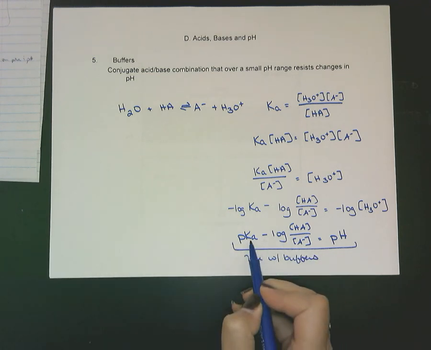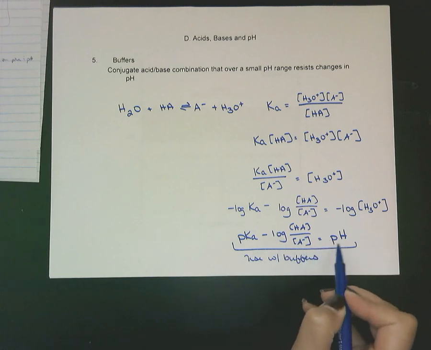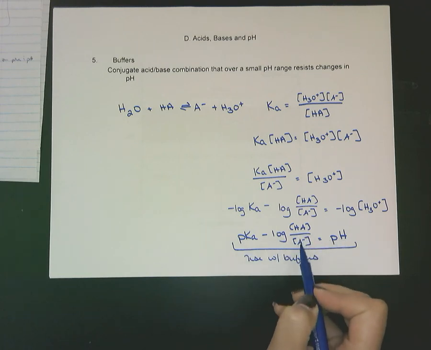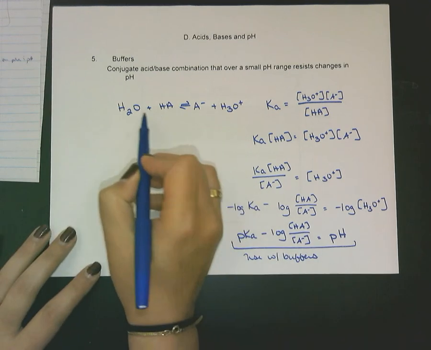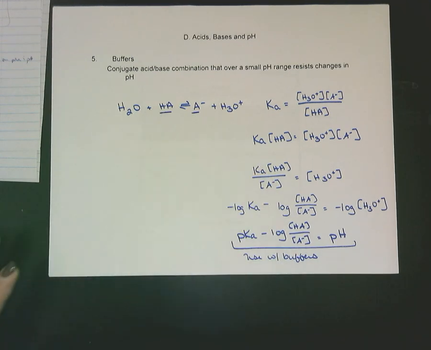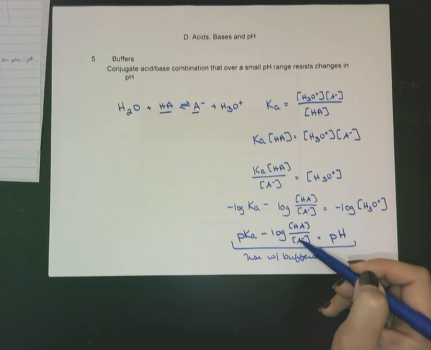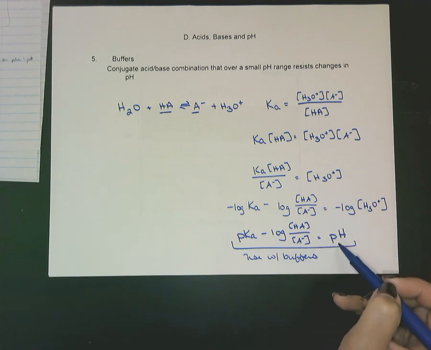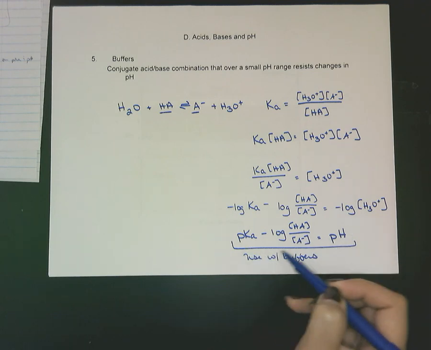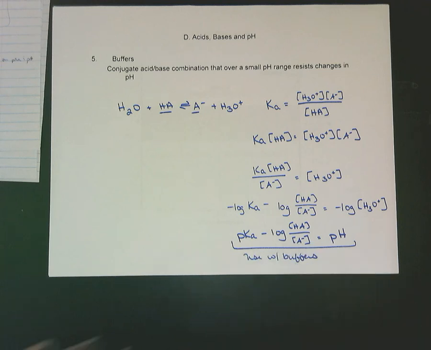It relates the pKa to the pH of the solution. It relates the concentration ratio of the conjugate acid and base. That ratio tells us about the pH, right? It's super useful because you only have to know a few pieces of information to find the other ones.